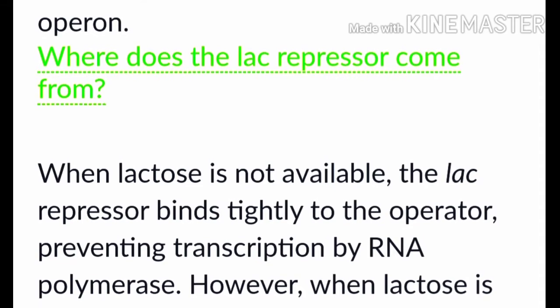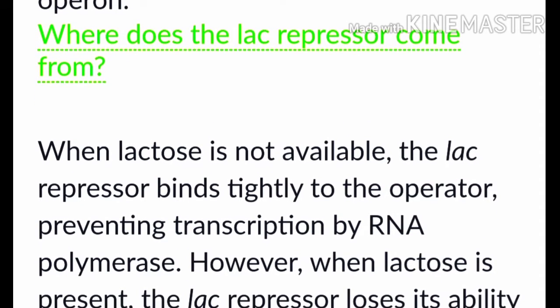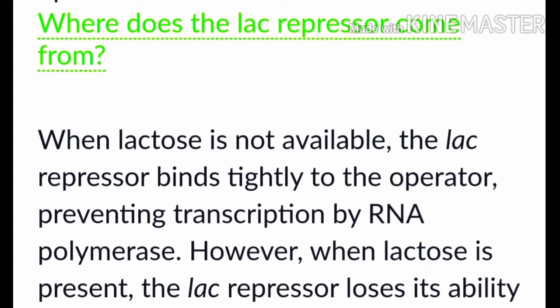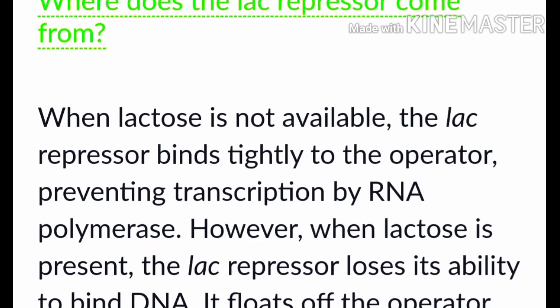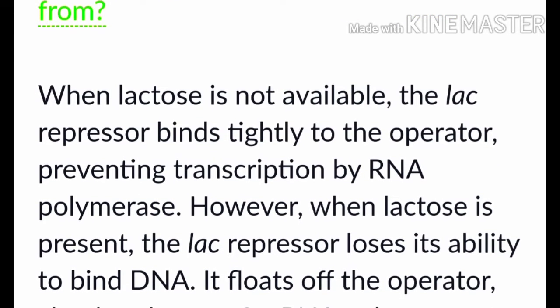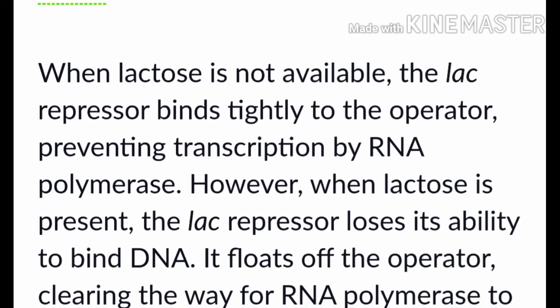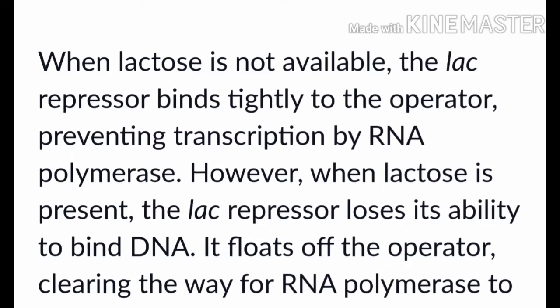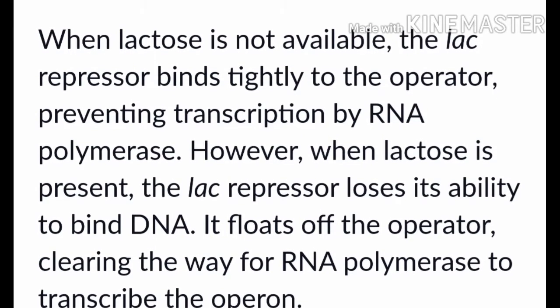However, when lactose is present, the Lac repressor loses its ability to bind with DNA and then it floats off the operator, clearing the way for RNA polymerase to transcribe the operon.